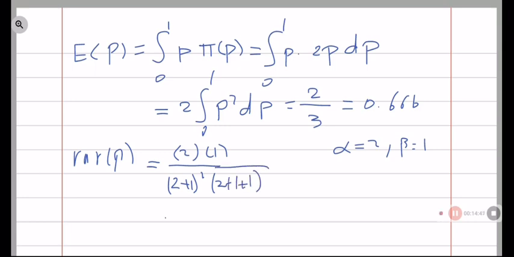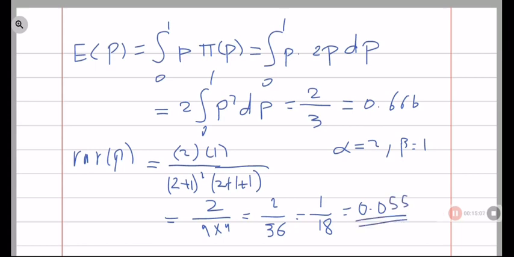So that equals 2 divided by 9 times 4, which is 2 divided by 36, which is 1/18, which is equal to 0.055. Sorry, this is the prior variance, and this is the prior mean.